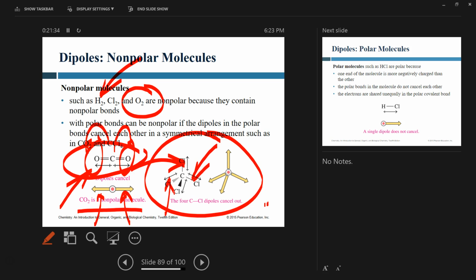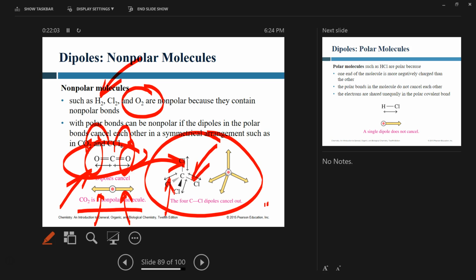Now imagine the carbon in the center, and the carbon is being pulled by basically 4 ropes to the angles of the pyramid. Does that make sense? All the pulling forces, all the electron attraction exerted by all the chlorine atoms, will cancel each other.